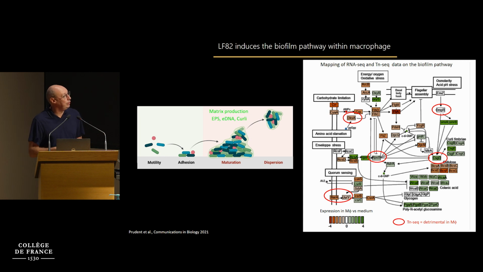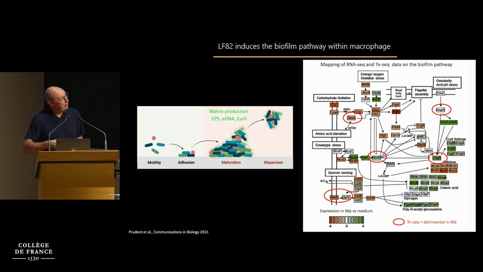I just need to introduce this complex cartoon, the full biofilm formation pathway in E. coli. And basically, you can divide it in 2. Here, it's the genes involved in motility. Here, it's the genes involved in matrix production of the biofilm.